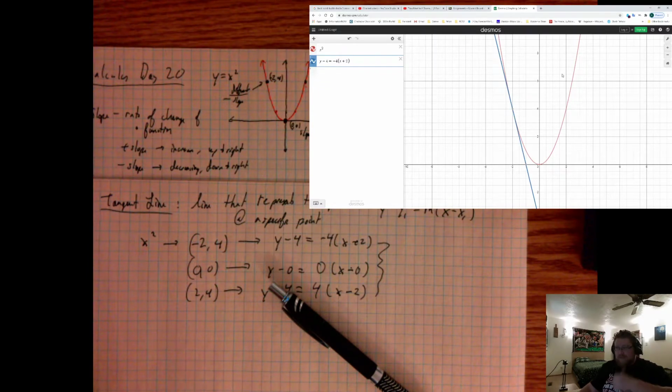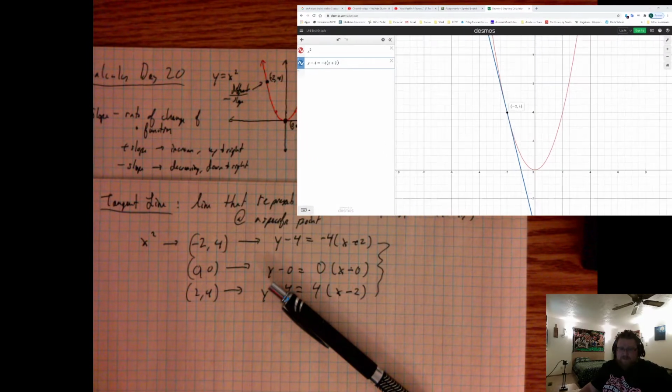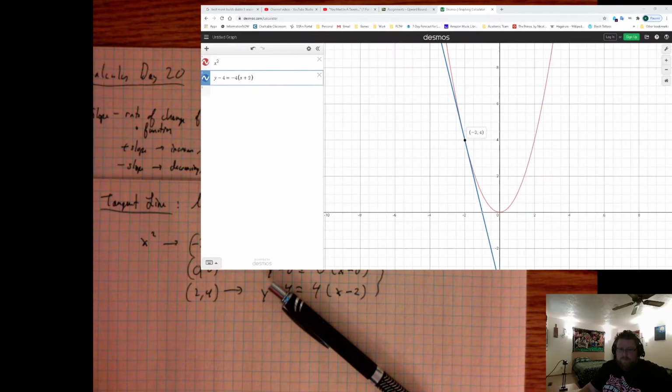There we go. Notice that this blue line represents the slope at this particular point. Let's make this a little bigger so you can see a little better. There we go. Notice how this blue line is representative of the slope here at this very specific point. The blue line represents the rate of change that is happening along the red curve as we are changing over time.